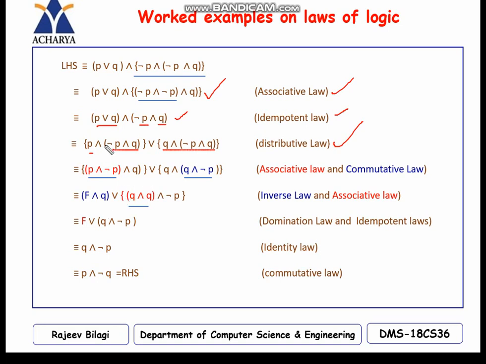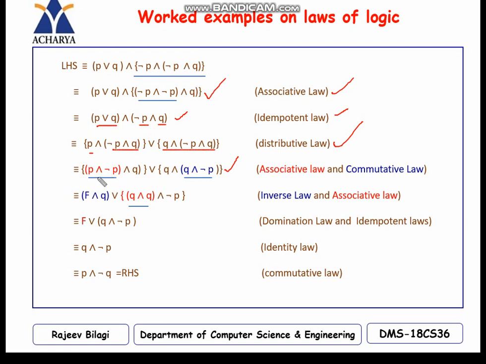Now at this point of time, negation of P or negation of P and Q. So now I can apply the associative law here, so that negation of P and negation of P and Q, this bracket complete, or Q and, so here I will apply the commutative law. Okay, so that is Q and negation of P.